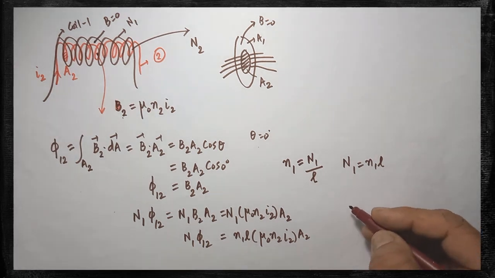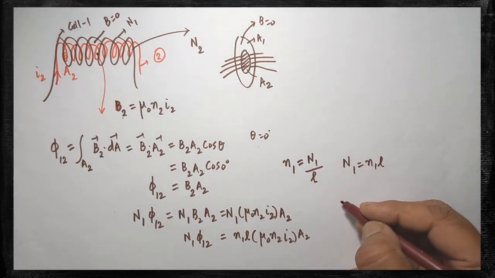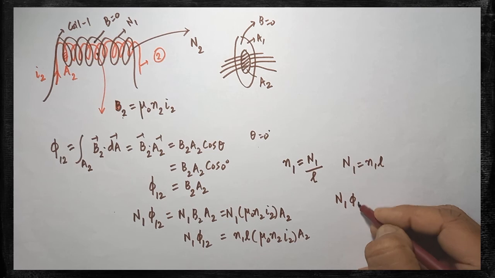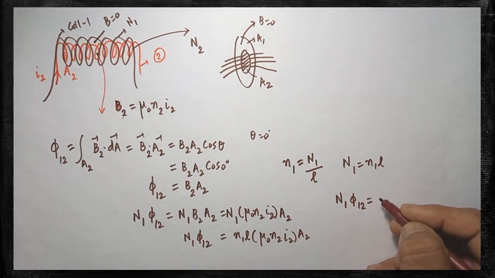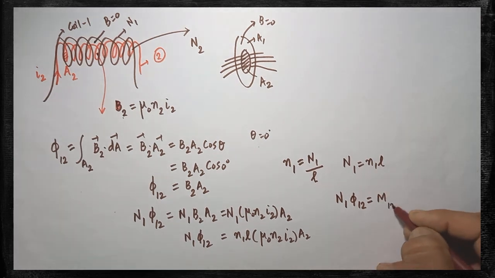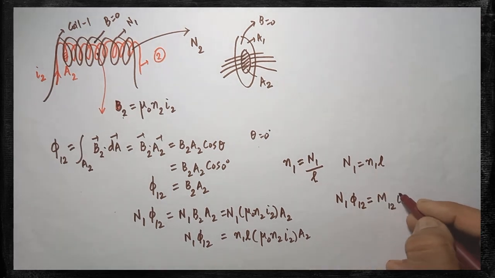In the introductory part of mutual inductance, we got one expression: N1 phi 12 is equivalent to M12 I2.